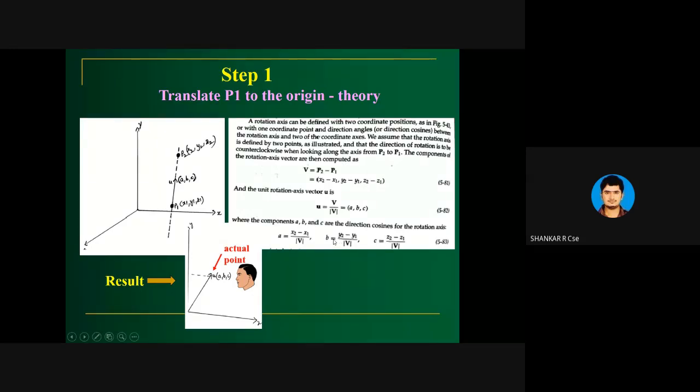B is the direction cosine of y, or B is y2 minus y1 divided by the magnitude, because these are all vectors. Now if you pull this unit vector onto the origin, this is how you will find it. So this axis has been pulled to the origin.